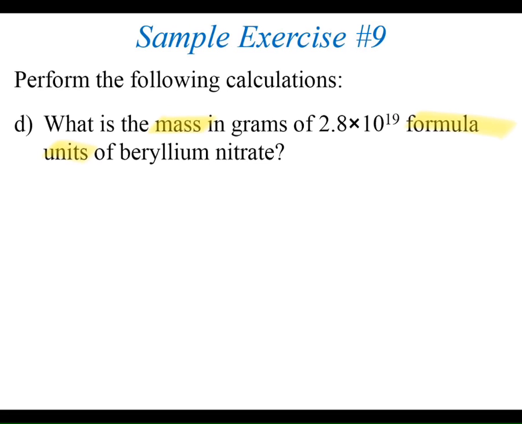2.8 times 10 to the 19th formula units. Oh, let me see what that is. What's beryllium nitrate? BE what?